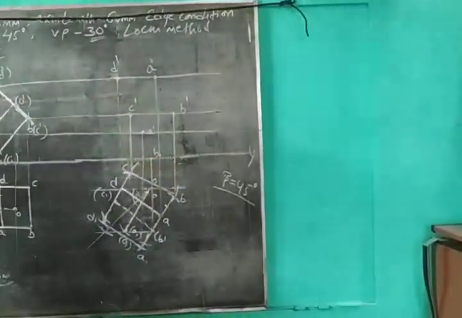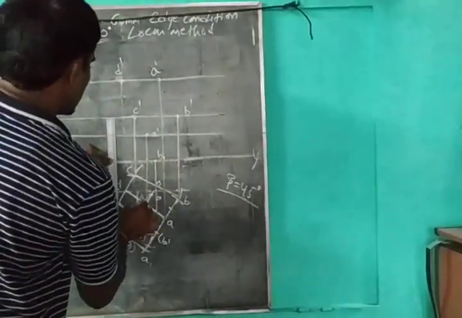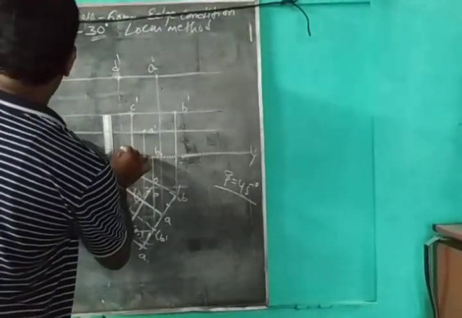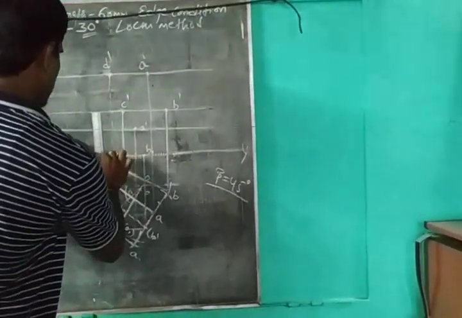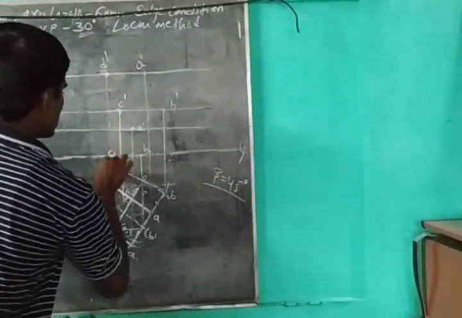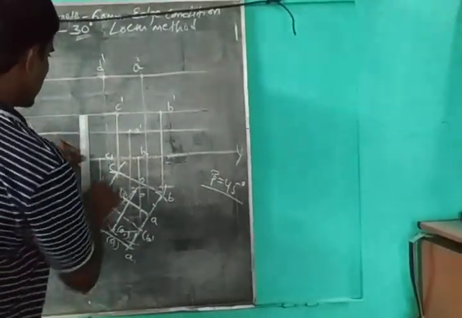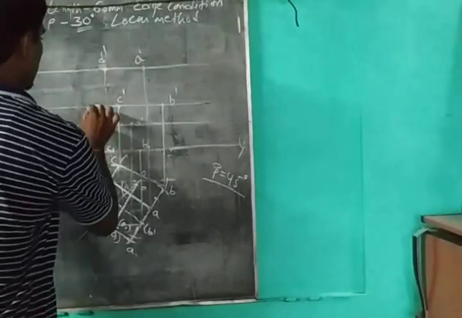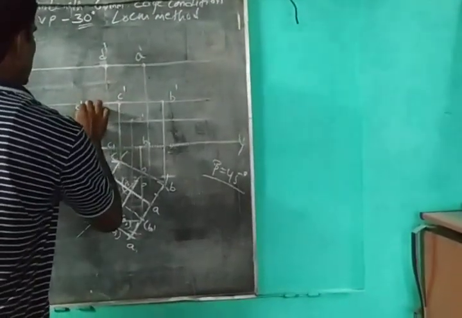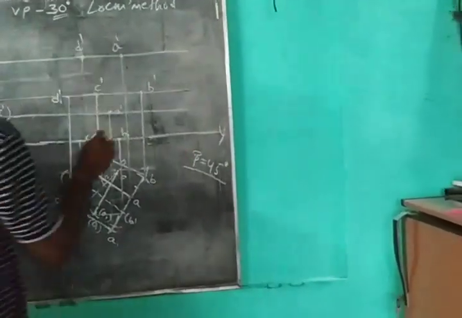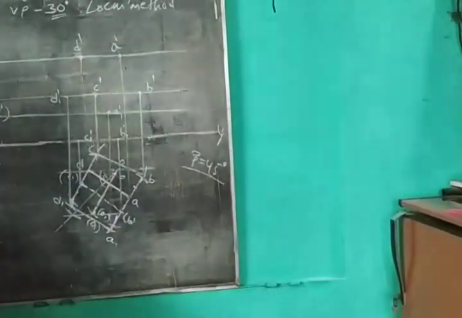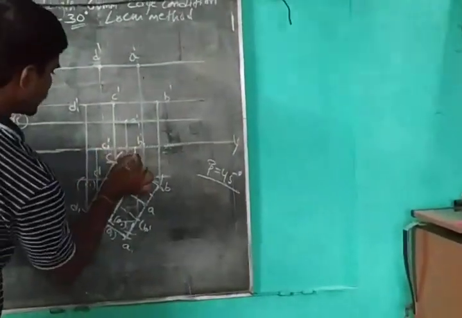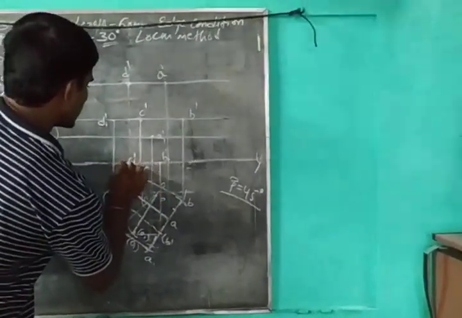And C1 is here. And D1 is here. D1 dash, B1 dash, C1 dash, A1 dash. So these are the points we got.